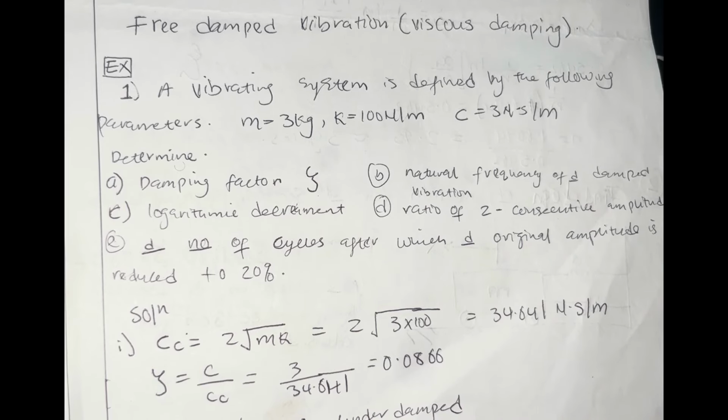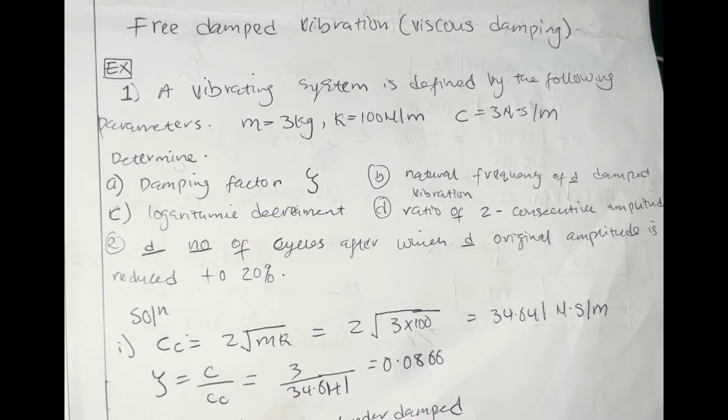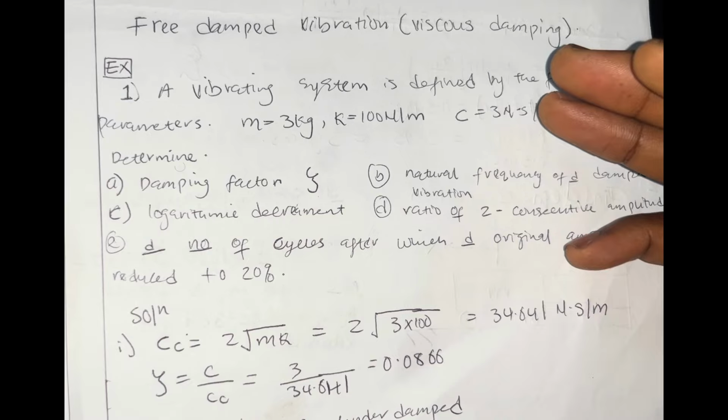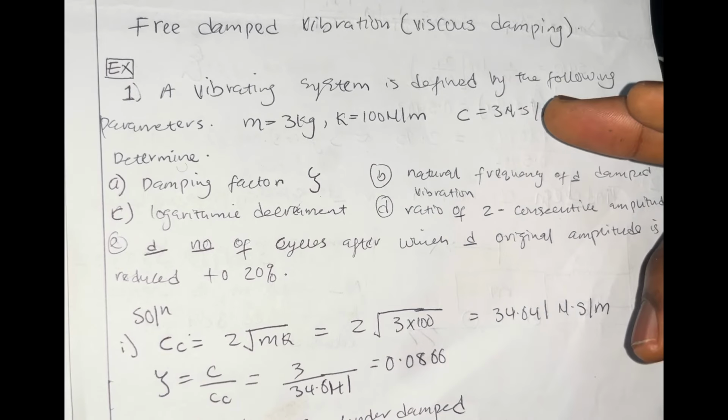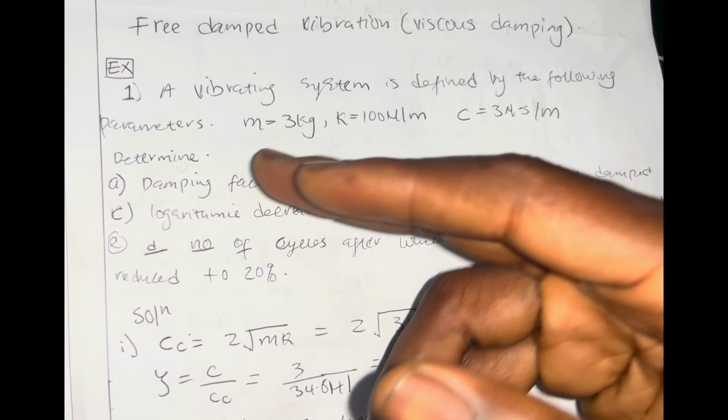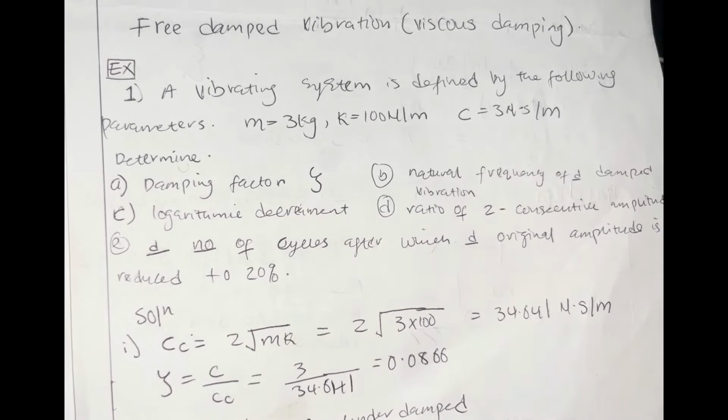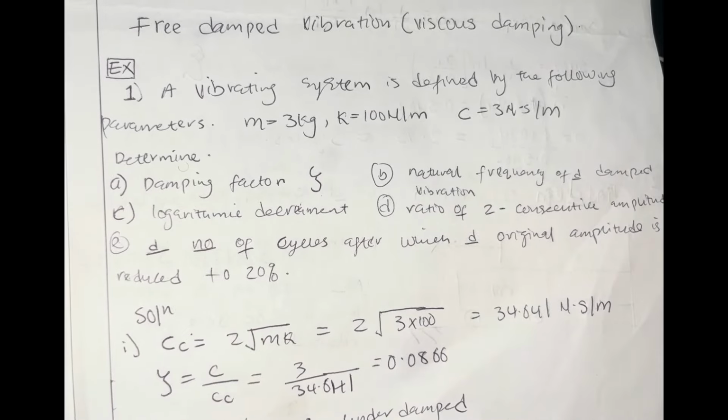So a vibrating system is defined by the following parameters. We have our mass, we have our K, we have our C, where K is a stiffness coefficient, C is the damping coefficient, and we have our damping factor. That's what we are to get. We are to get the natural frequency of the damped vibration, the logarithmic decrement, and the ratio of two consecutive amplitudes.